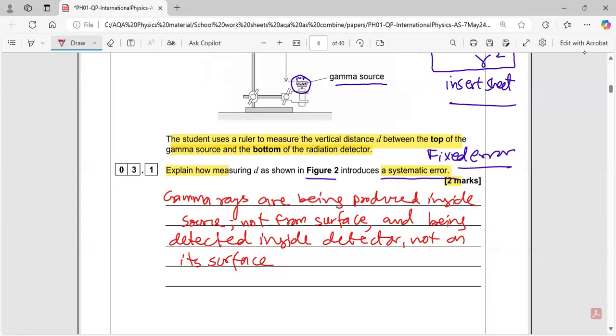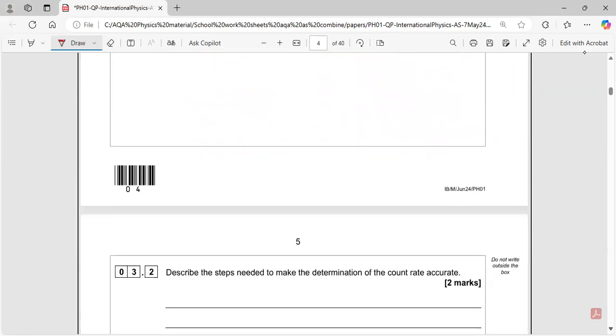That's why the measured D, the D that you are going to measure, will be shorter than the actual distance. So as this is not introduced by the observer, that's why this is the systematic error.